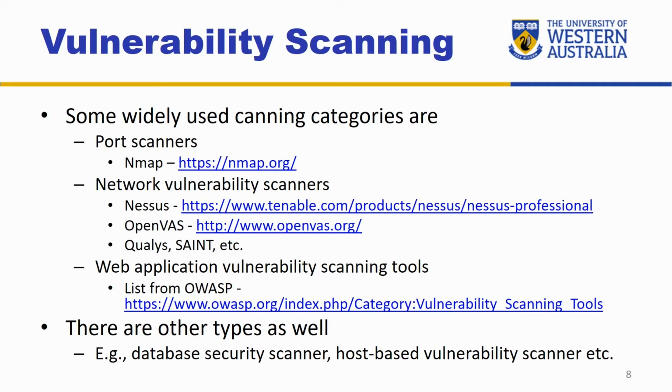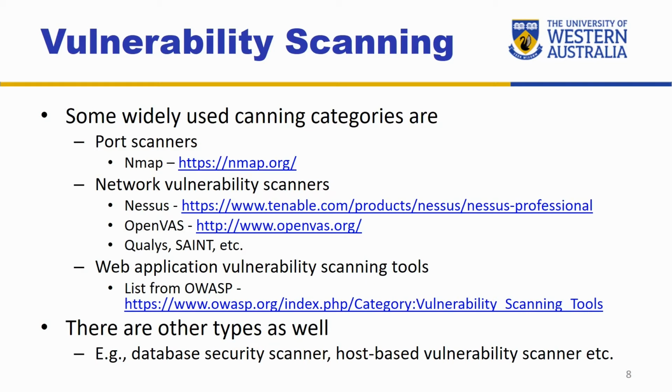And if you're more focused on the web applications or the high-level items, OWASP provides a good list of vulnerability scanning tools for these. We have learned throughout that there are different types of attacks that are applicable to our systems, so those vulnerability scanning tools will try to look at different categories and discover those.